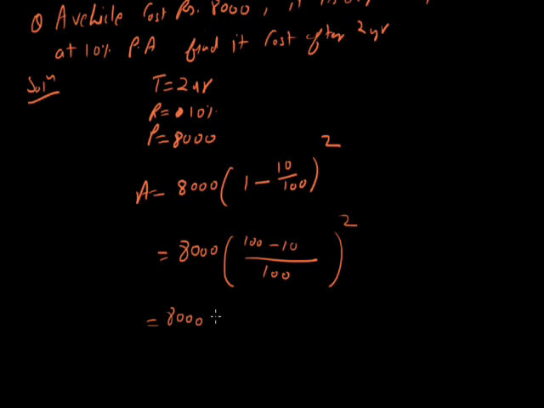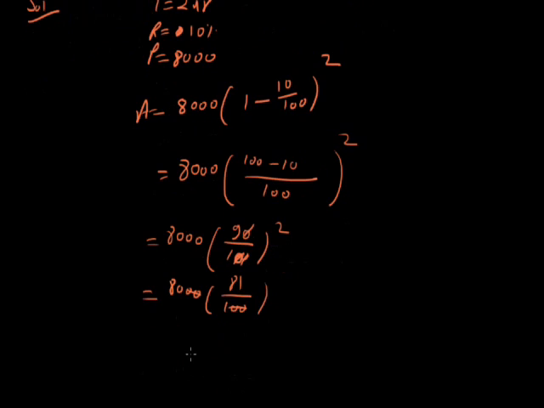So 8,000 into 100 minus 10, that is 90 by 100 square. So 0 and 0 get cancelled, so 9 by 10. So 8,000, 9 square is 81, 10 square is 100, so again 2 zeros get cancelled. So 80 into 81, that is, we are getting 6480. So this is the amount.